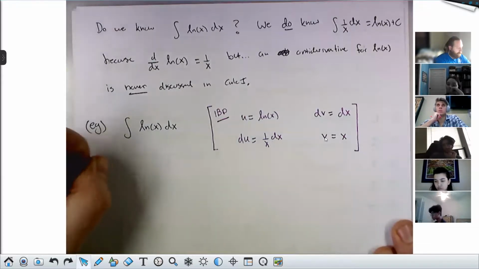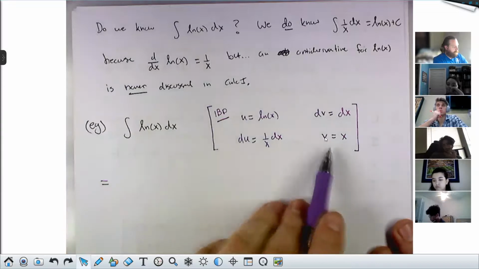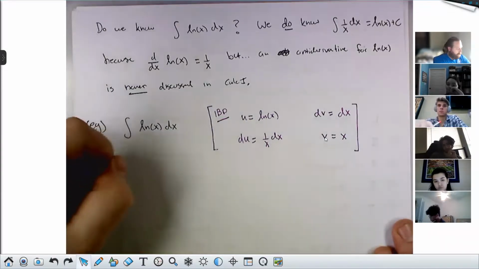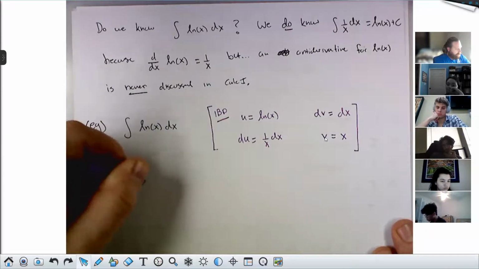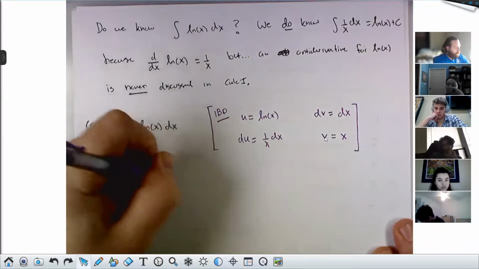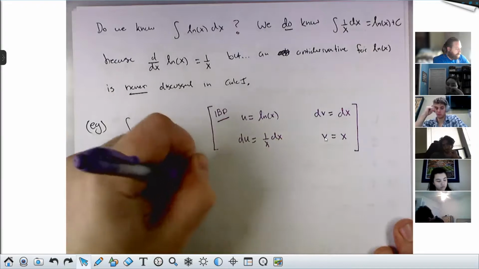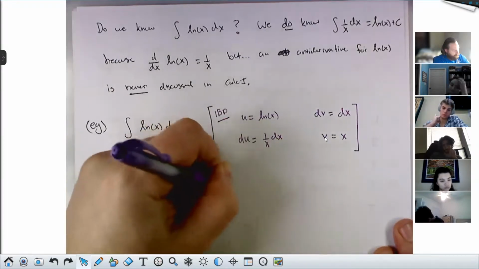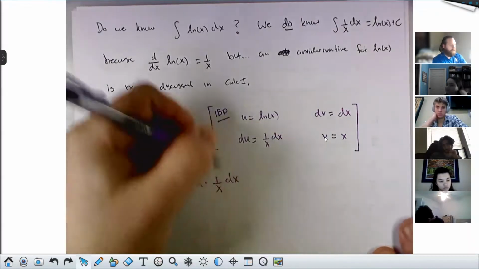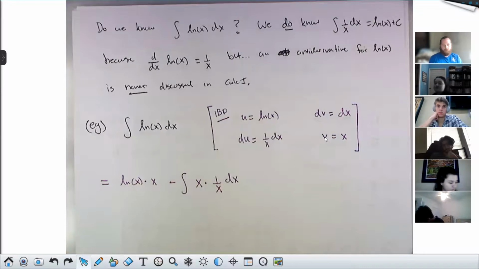So now, according to my by parts formula, this should be u times v, ln of x times x, minus the integral of v du, and that is x times 1 over x dx. And you see how nice that integral is, even nicer than the last one. X times 1 over x, like 2 times 1/2, or pi times 1 over pi, is just 1.